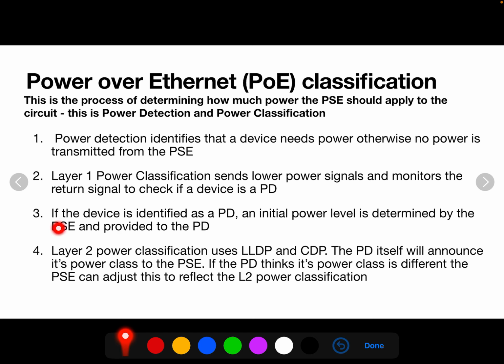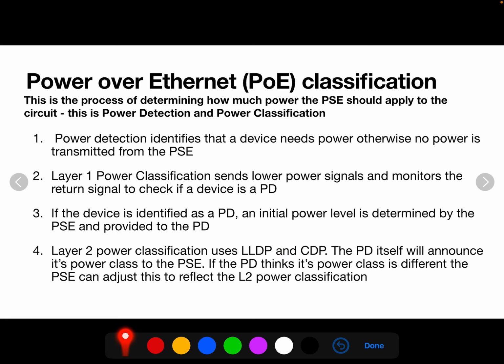Now, if we move on to step 3, let's say the power device did respond with that return signal. So the power classification process for layer 1 has passed, and we know there's a PoE device. Then an initial power level is determined by the PSE and provided to the power device.